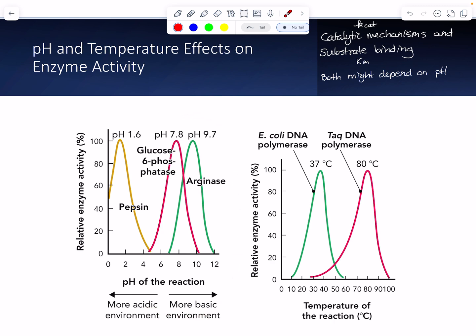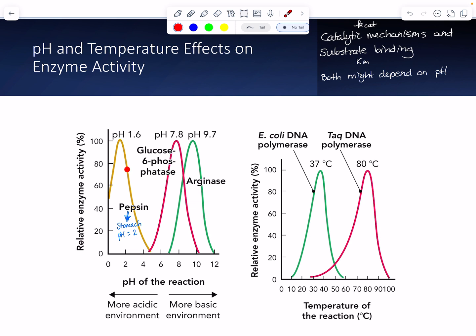Every enzyme is going to have its own pH profile. So the enzyme pepsin is found in the stomach, at low pH, stomach pH around 2. And what you'll notice is that that enzyme is optimized to work around a pH of 2.